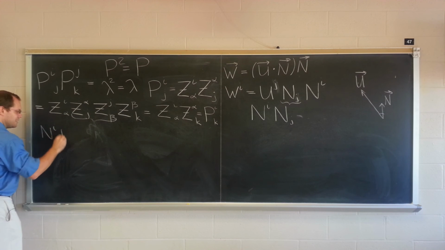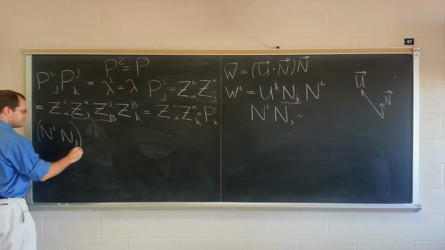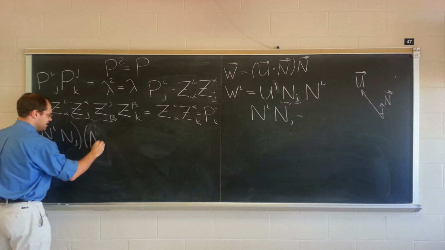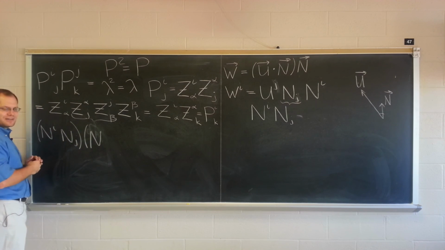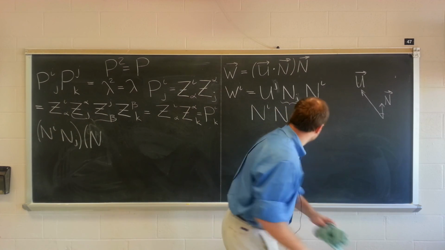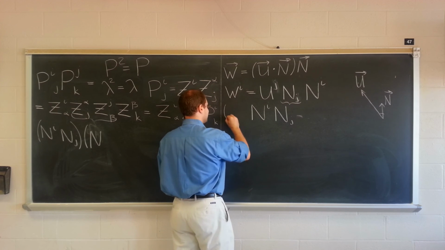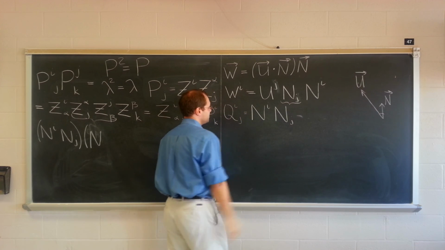So here it is applied once. Here it is, although parentheses are not needed, I'm just grouping them because I haven't given this a letter. I don't want to call it the same letter P. I'm going to call it Q. All right, it gets a letter after all. Q_ij.